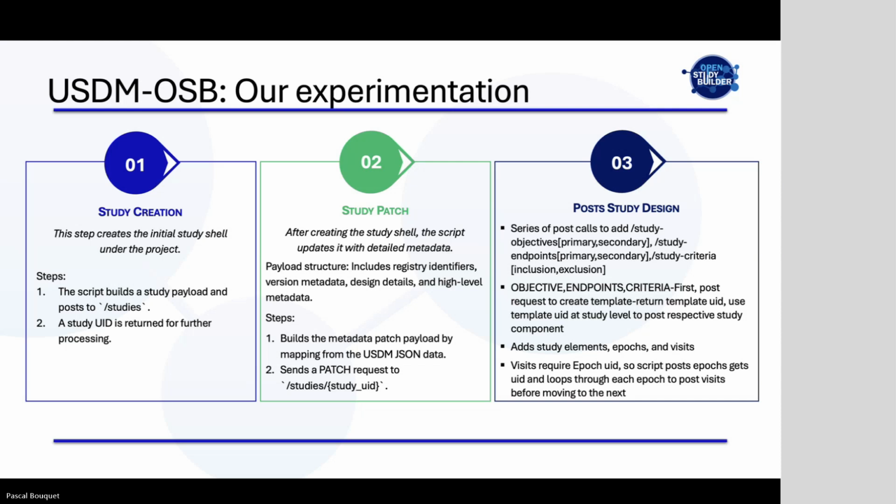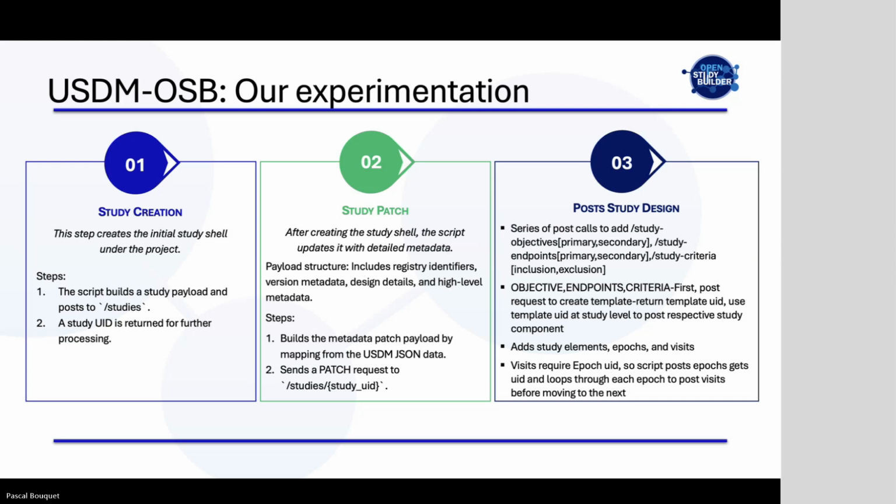What study patch does is update the study high-level metadata, and this could include the registry ID, the ct.gov ID if it's present, study phase, trial phase, and population size from the study.